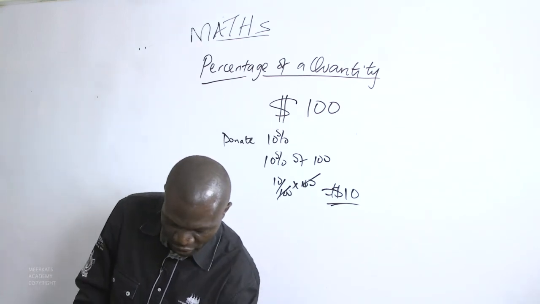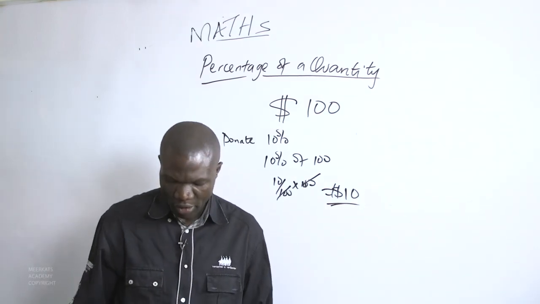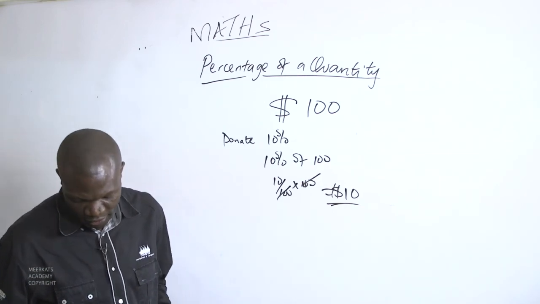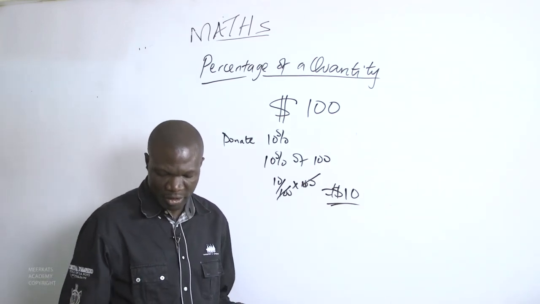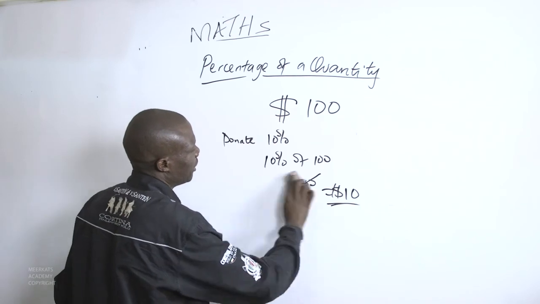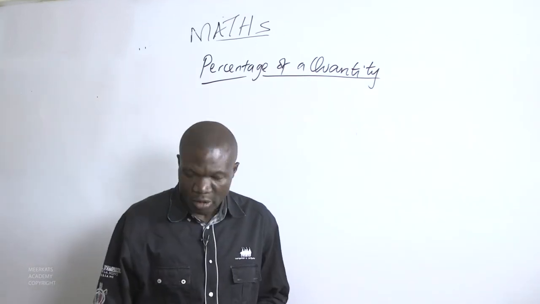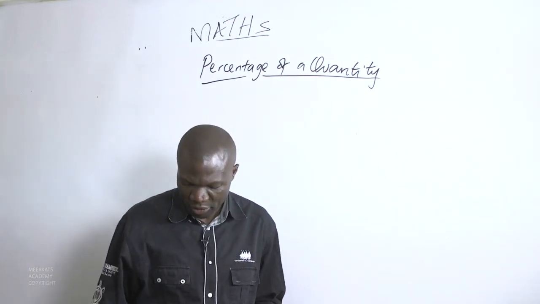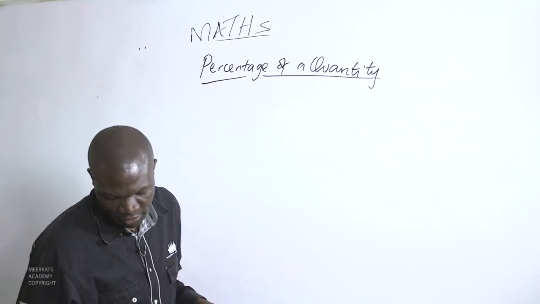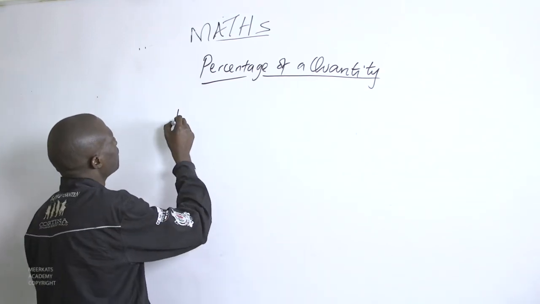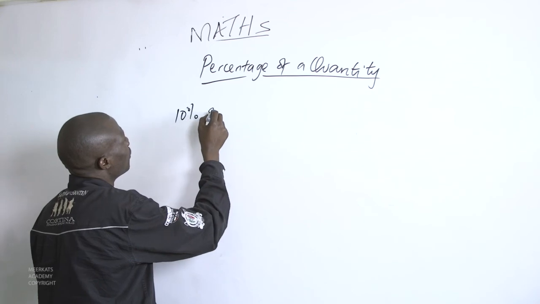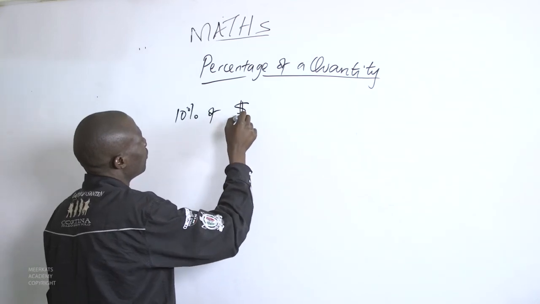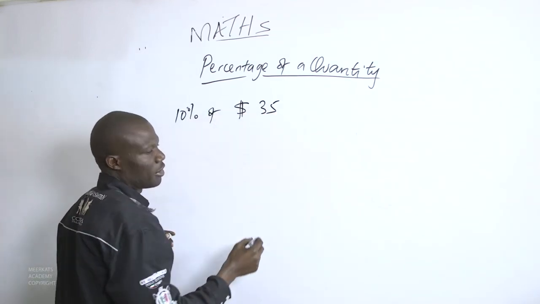Let us look at the following and use mental arithmetic to calculate their percentages. You may be asked to calculate 10% of $35.